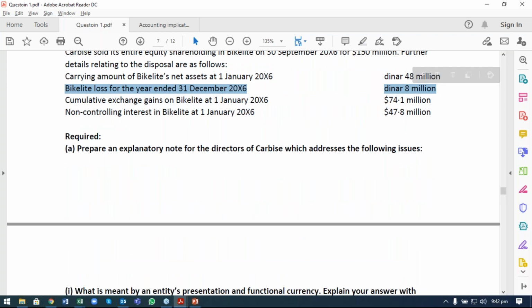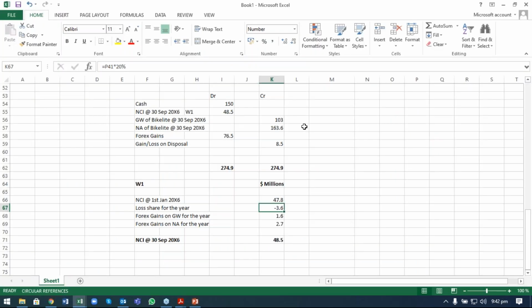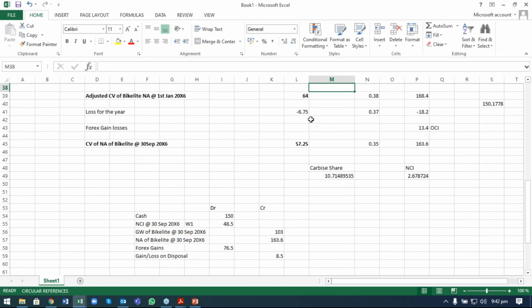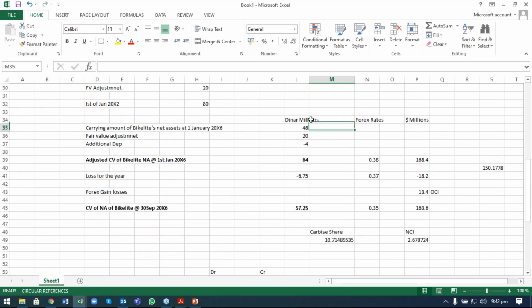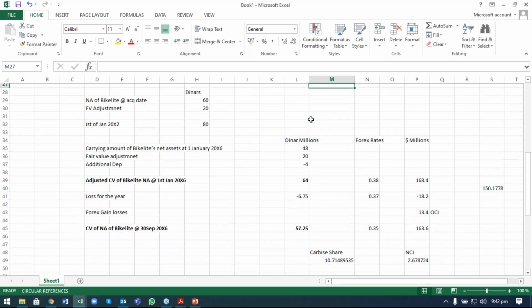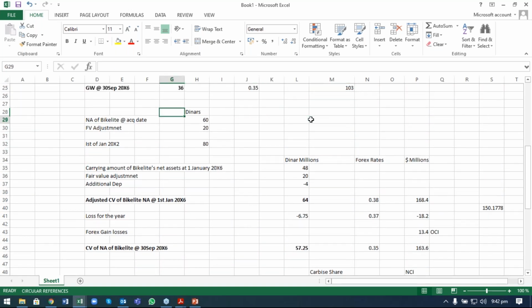Once the 8 million dinar loss was converted into various net assets, once this loss for the year was converted into dollars, that is 18.2 million.